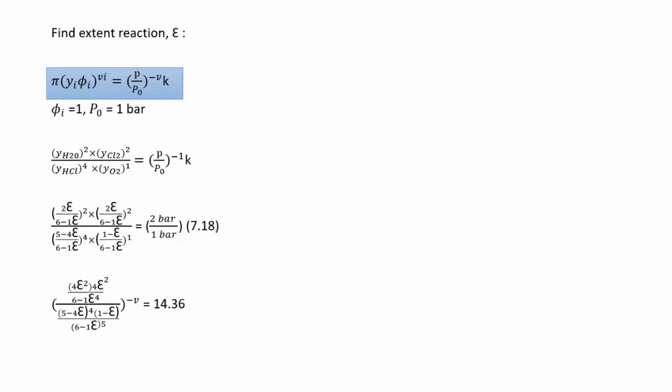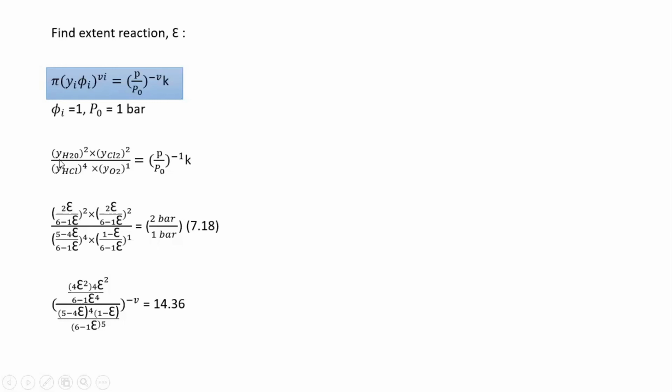Now we need to multiply all the mole fractions, which are yH2O, yCl2, yHCl, and yO2. yHCl and yO2 are in the denominator because HCl and O2 are the reactants, and the stoichiometric coefficient must be negative.